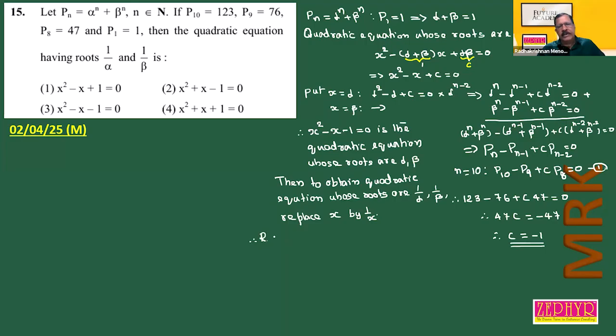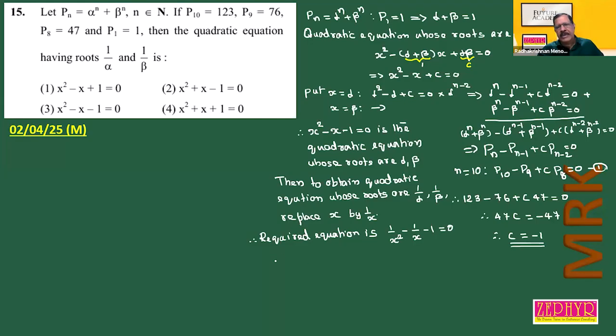Therefore, the required equation: in the place of x, I am writing 1 by x. You are getting 1 by x square minus 1 by x minus 1 equal to 0.